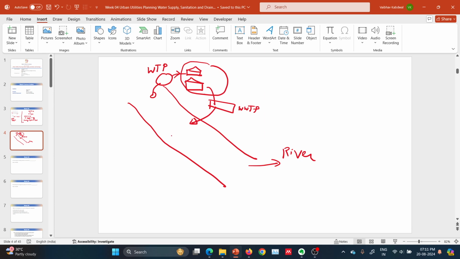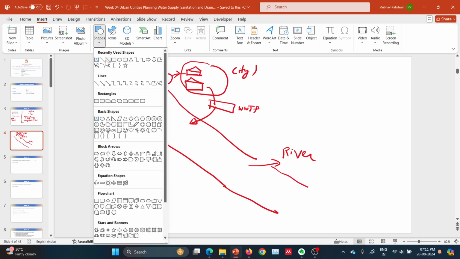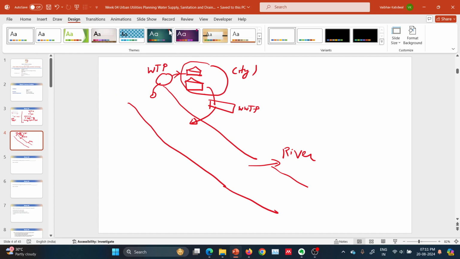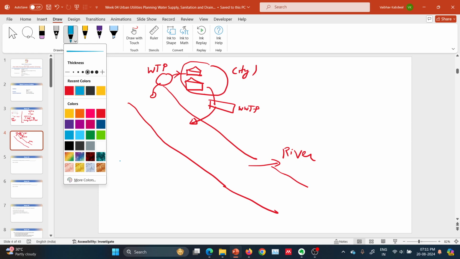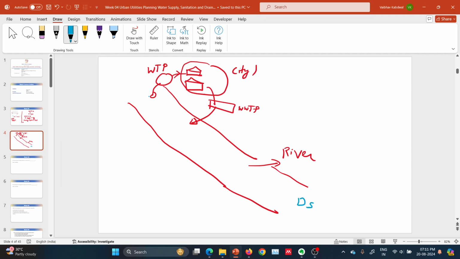So what is happening further, after some distance? Let's say this is city 1. Now we will go to city 2. City 2 is at downstream. Upstream means water is flowing this way.